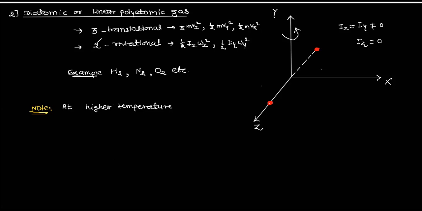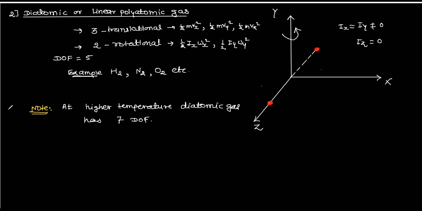Without higher temperature, how many degrees of freedom? So total degrees of freedom here is equal to 5. And if higher temperature is considered, then at higher temperatures this diatomic gas has 7 degrees of freedom. How 7 degrees of freedom?